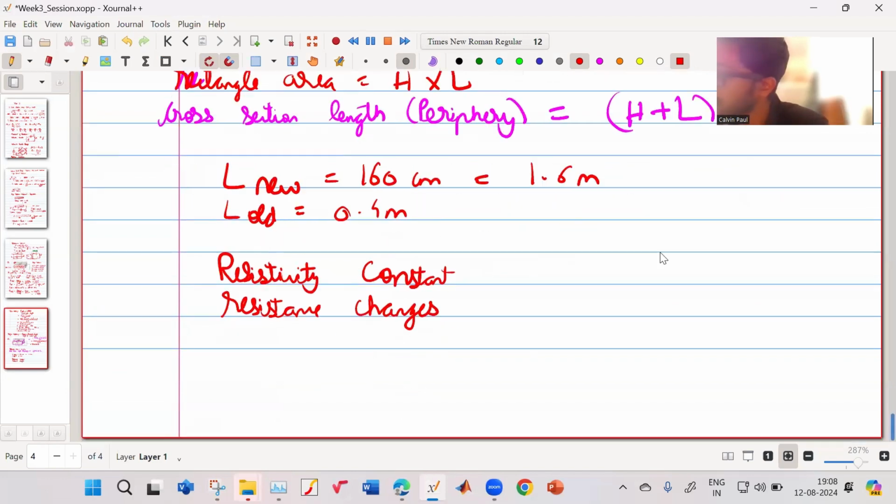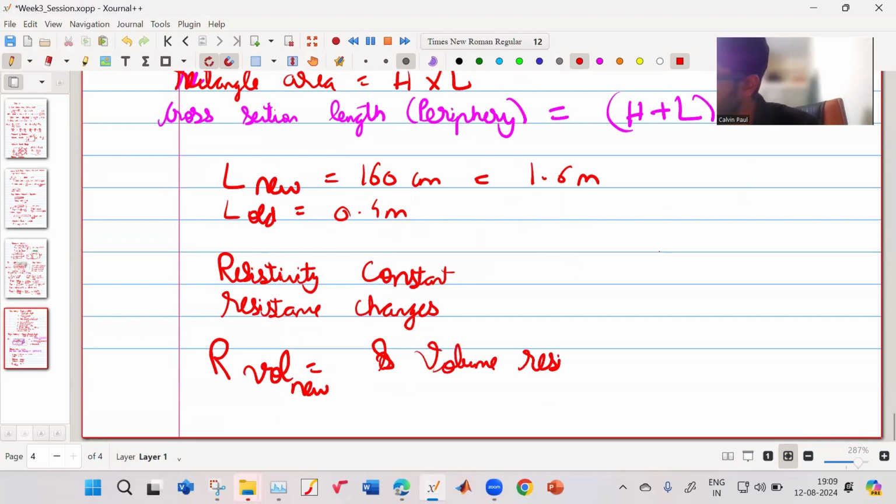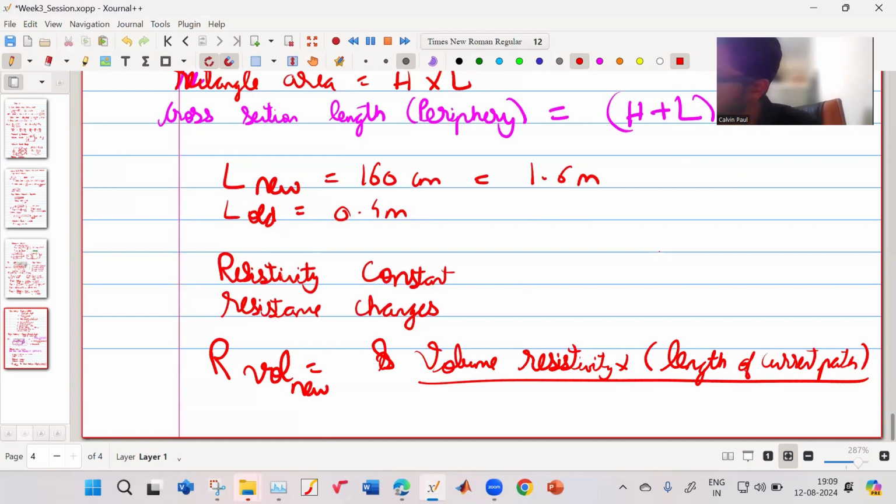So now, your volume resistance, R_v. Your volume resistance R_v is what? Your volume resistivity into the length of your current path, divided by the cross-sectional area.